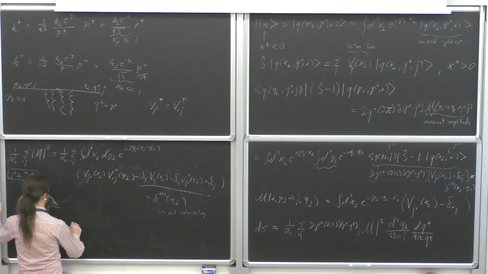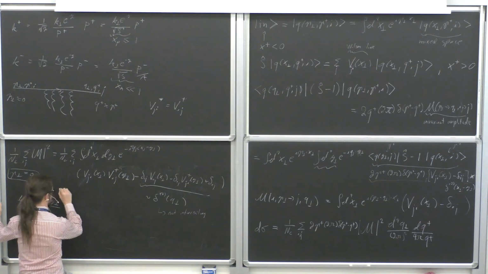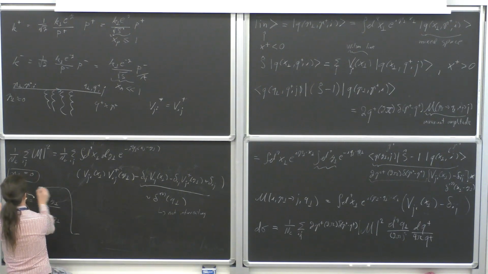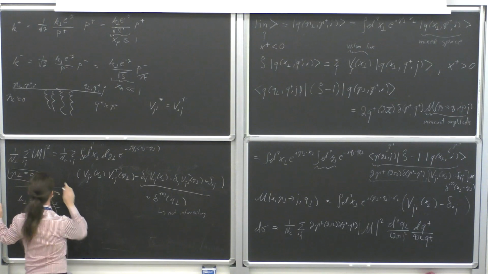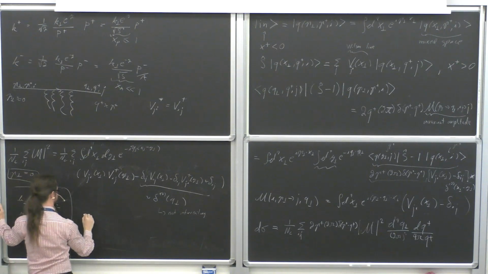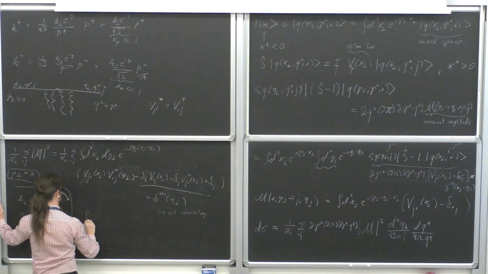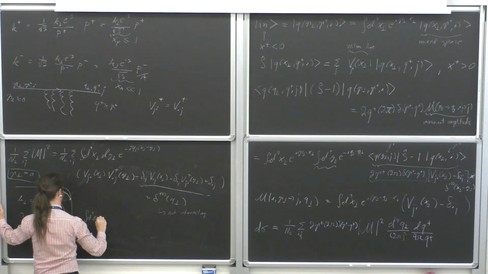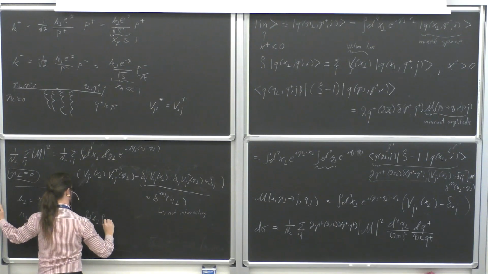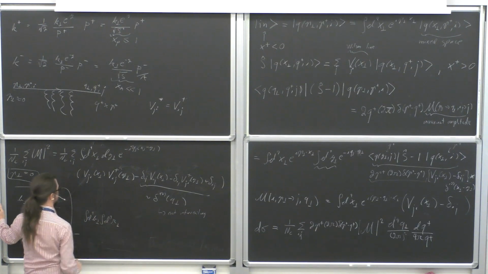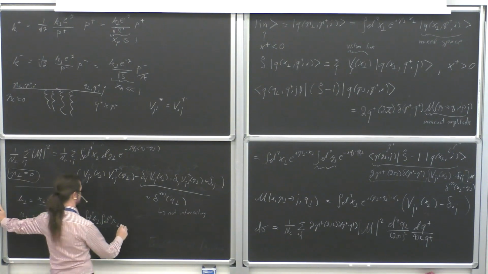Then I can write this amplitude squared as an integral over impact parameter and an integral over dipole radius. Sorry, my r is also not very legible.